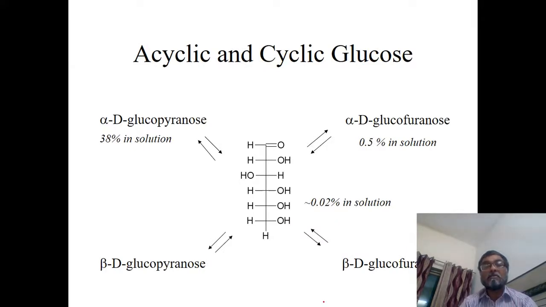I have told you that in the case of glucose, the dominant forms are the pyranose forms. About 38% is alpha-D-glucopyranose, and 38% is beta-D-glucopyranose. Combining both, 76%. And there is a very low amount of furanose form in the case of glucose.